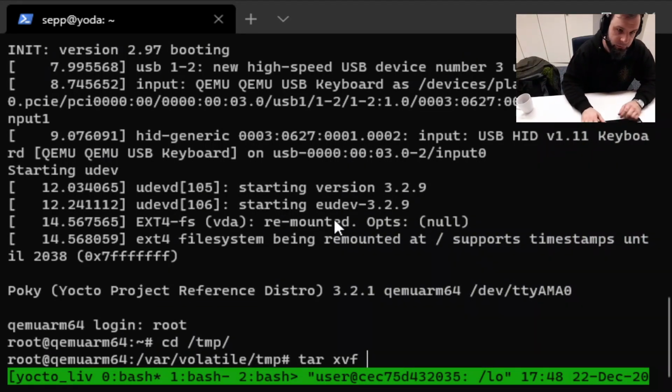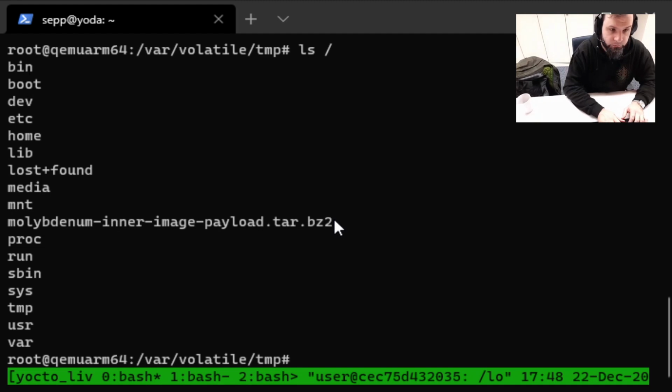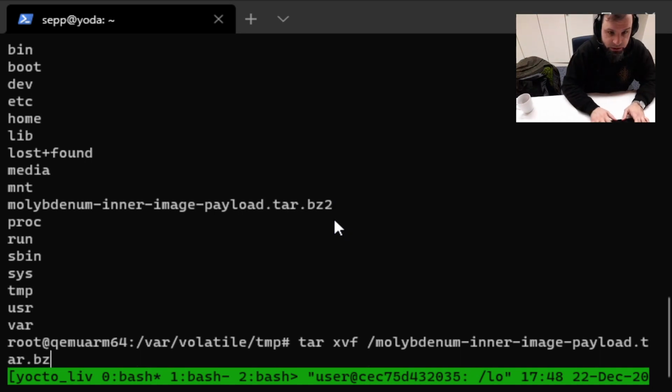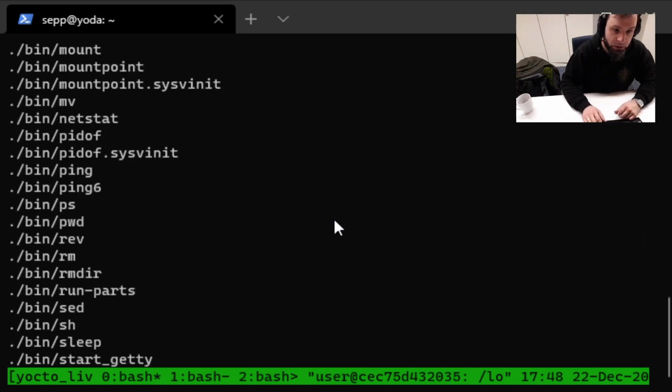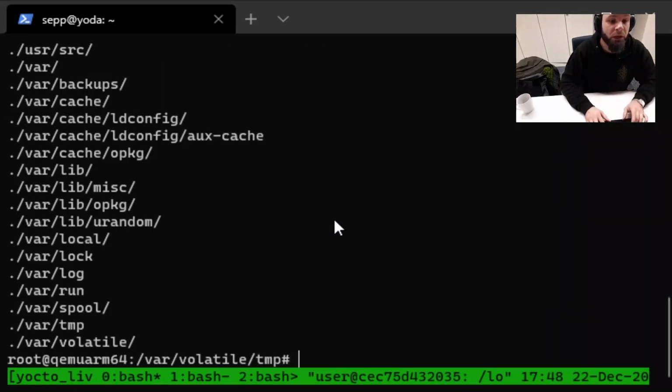xvf. Oh, I forgot it again. xvf molybdenum inner image payload tar bc. And if you look at bin, or is it in user bin?